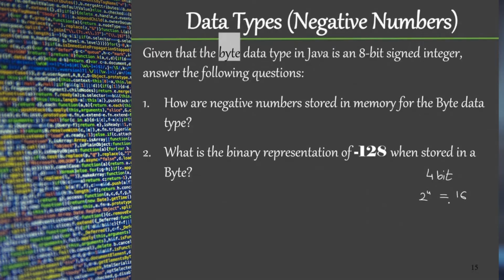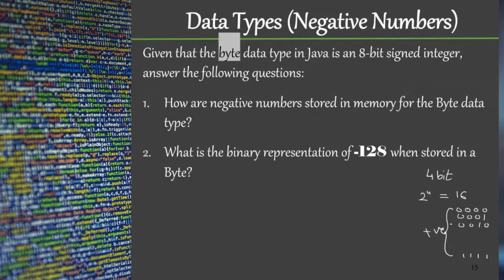If you are trying to convert into binary values, you can easily convert it. You will start from 0 0 0 0, then 0 0 0 1, then 0 0 1 0. Likewise, you can go up to 1 1 1 1. That would be 16. In this case, all the values are positive only.